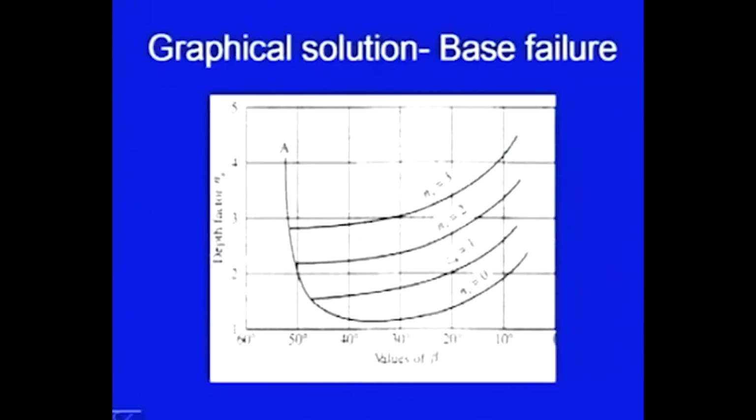So, these values can easily be obtained using this graphical solution. Here beta is given, so corresponding to beta, the nx values are available. nx is equal to 0, 1, 2, 3, and here depth factor nd is available. So, using this graphical diagram you can find out the critical circle and then you can do the analysis.